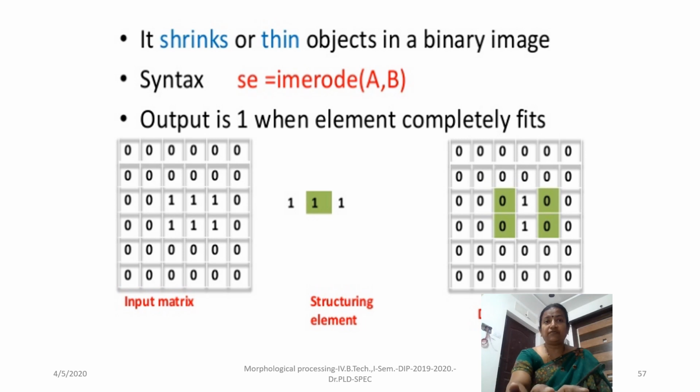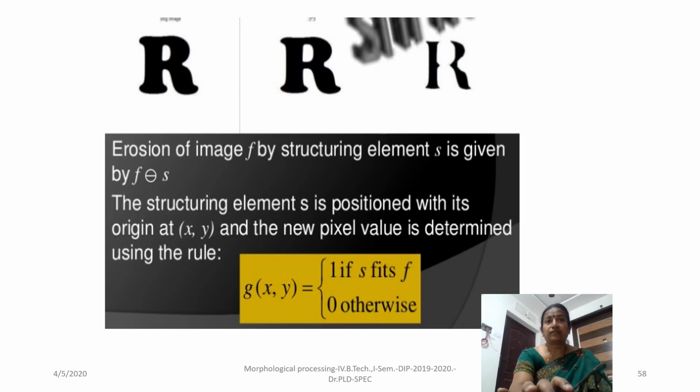If you consider an object with ones at the center, these ones appear to be minimized to only these two ones. That is, it thins the objects with this particular erosion operation.